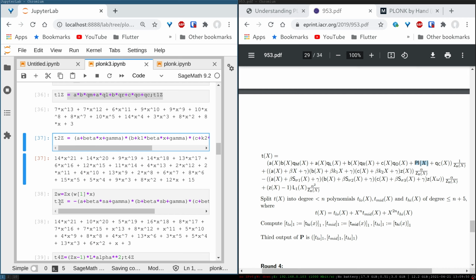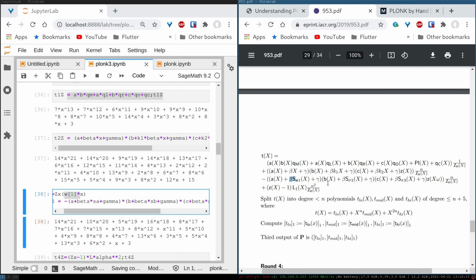So T3, first we have this ZW, which is going to be used here. So ZW is Z evaluated at X times W. So W is our first root of unity, so that's W1. So now we do minus A plus beta times SA plus gamma times B plus beta times SB plus gamma multiplied by C plus beta times SC plus gamma.